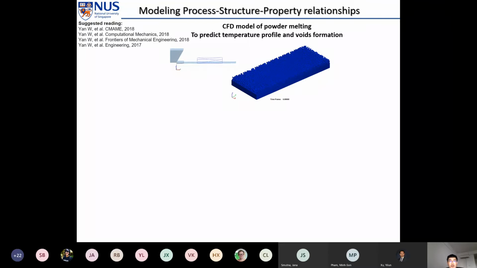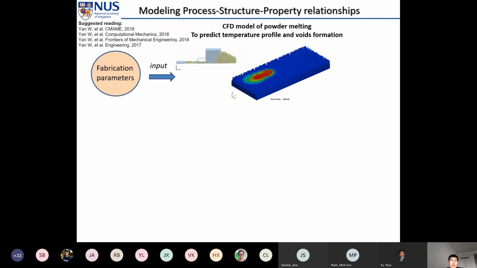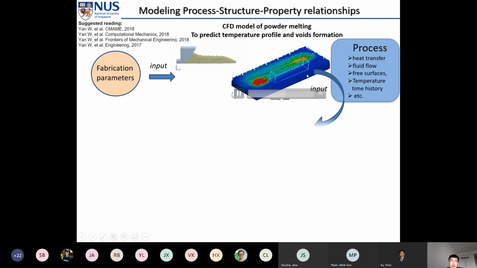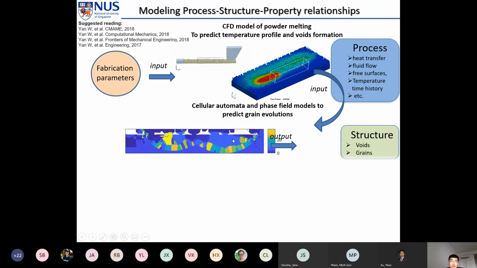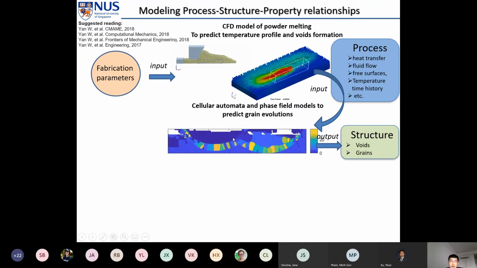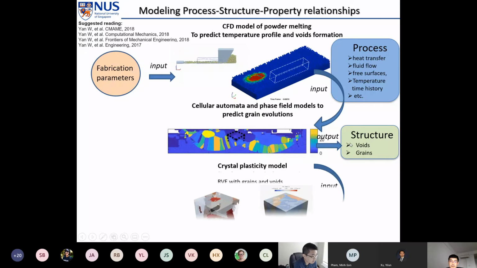The ultimate goal for sure is that we want to predict the mechanical property based on the fabrication parameters. So we link this powder spreading and powder melting model with a grain growth model, so we can get the structure information including voids and grains.